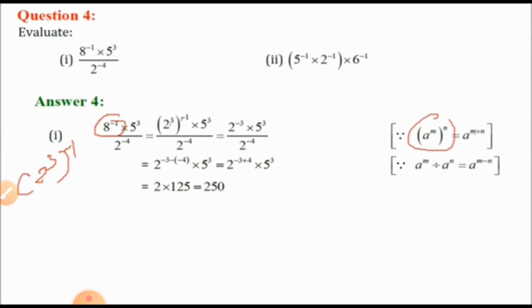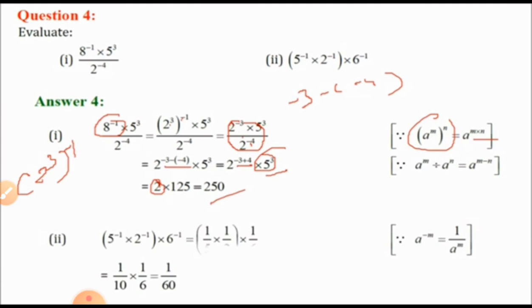My dear student, here is the answer where you can find very easily what the rules are. See, the denominator 2 raised to minus 4 is given and in the numerator 8 is given. In place of 8 can we write 2 raised to 3? Sure. Correct. And then after you simplify, your answer is 250.